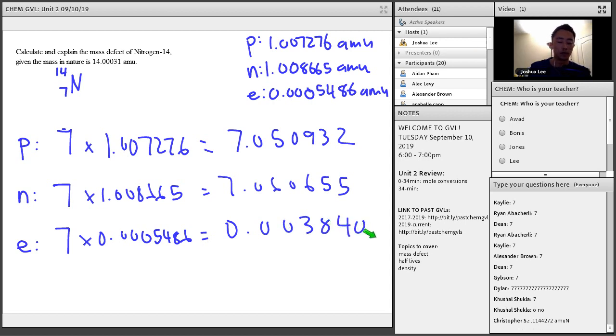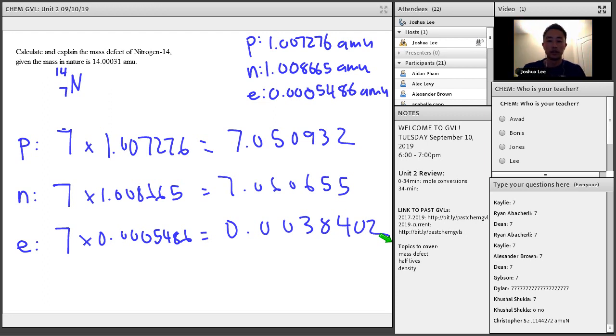What's great about storing values is that at this point what I can do is 7A plus 7B plus 7C, then I press enter.